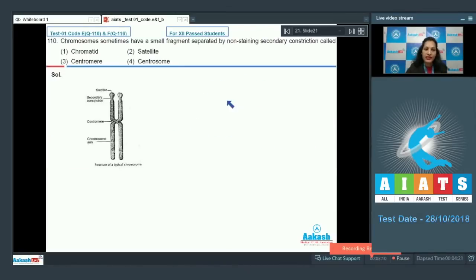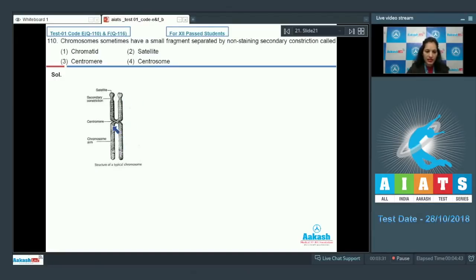Question number 110. Chromosomes sometimes have a small fragment separated by non-staining secondary constriction called chromatid, satellite, centromere, centrosome. Here you can see the structure of a typical chromosome in which two chromatids are shown.